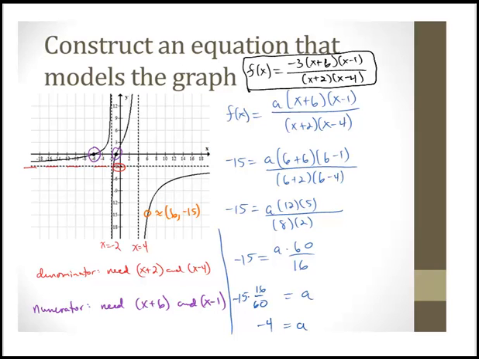Now if there wasn't a horizontal asymptote to go against, I would probably just go with that a value and see how well it fits, maybe using a calculator. Alright, but I'm going to go with f of x is negative 3 by (x plus 6) by (x plus 1) over (x plus 2) by (x minus 4). Alright, that concludes this presentation.